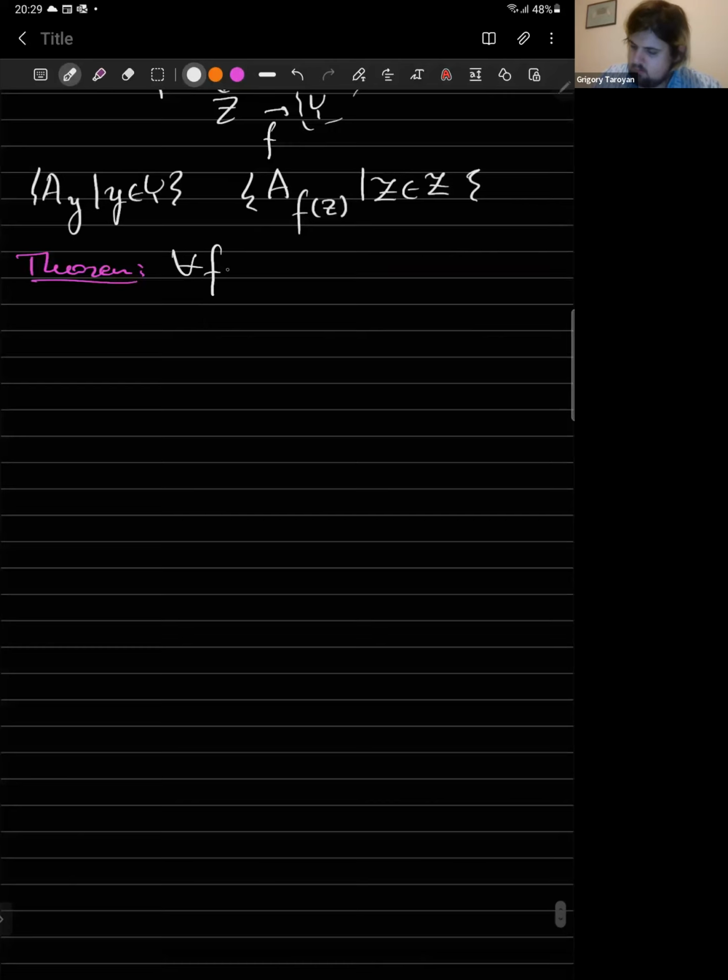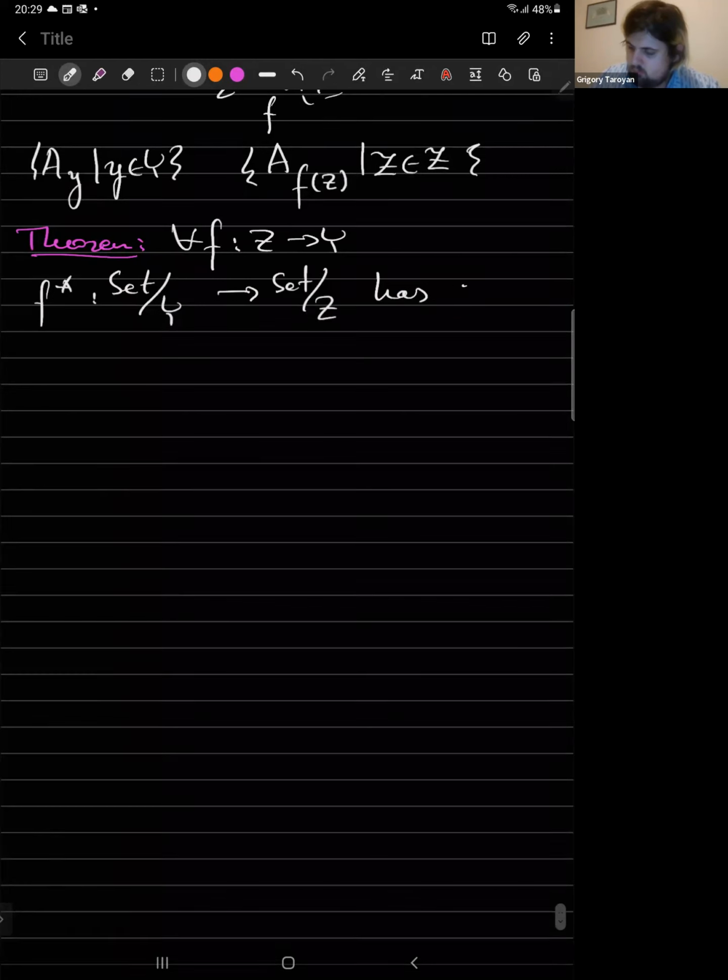For any function from Z to Y between two sets, the pullback functor from sets over Y to sets over Z has left and right adjoints.